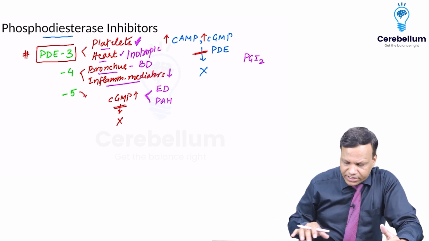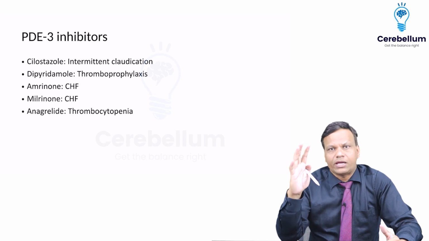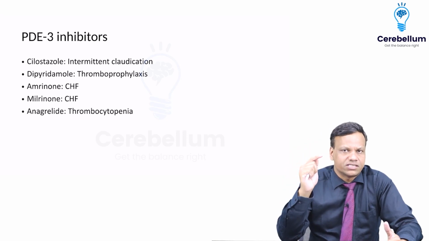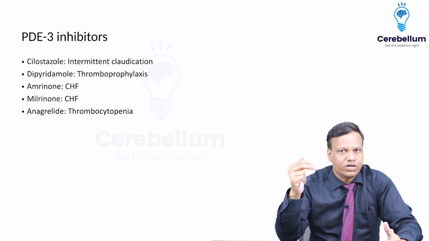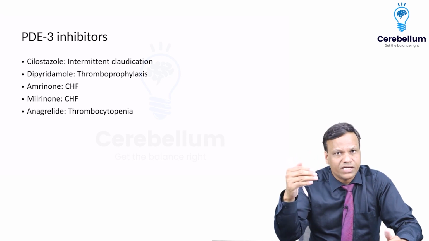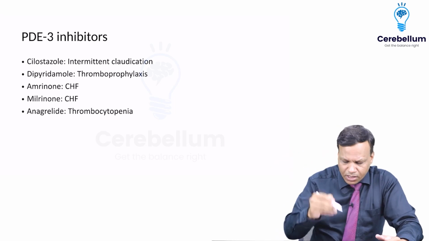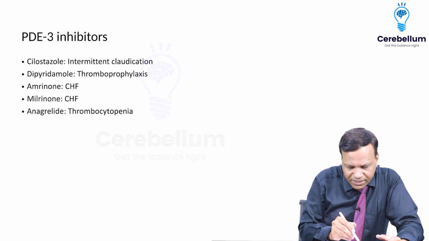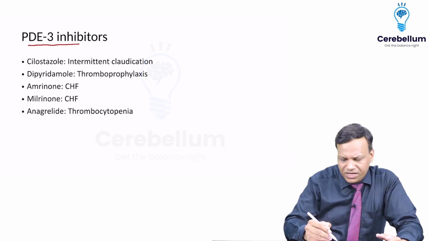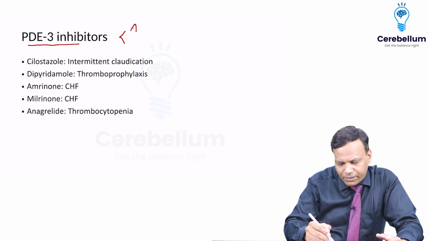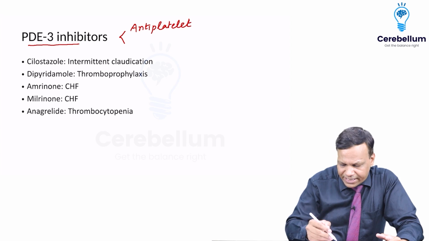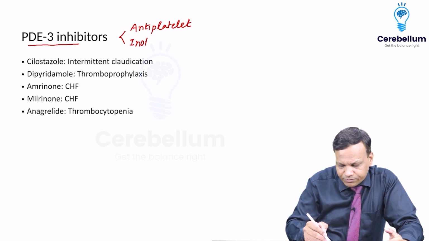So now we can move to the drugs. We have 4 types of drugs: phosphodiesterase 3 inhibitors, phosphodiesterase 4 inhibitors, phosphodiesterase 5 inhibitors, and some non-specific drugs also. Phosphodiesterase 3 inhibitors, as we discussed, have 2 major uses: one, antiplatelet, and second, inotropic action.